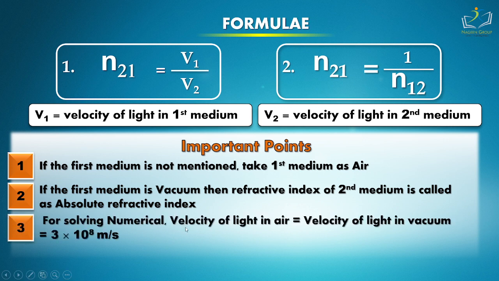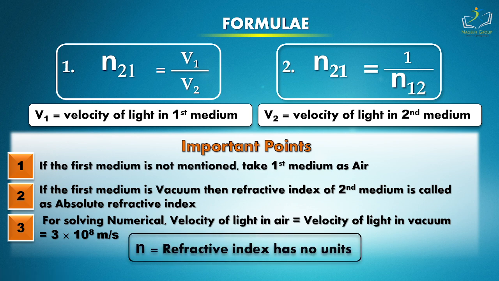For solving numericals, velocity of light in air equals velocity of light in vacuum, which is always 3 into 10 to the power 8 meter per second. So n, the refractive index, has no unit. Why does it have no unit? Because it is the ratio of the same quantity, V1 by V2. This is also velocity, and that is also velocity.